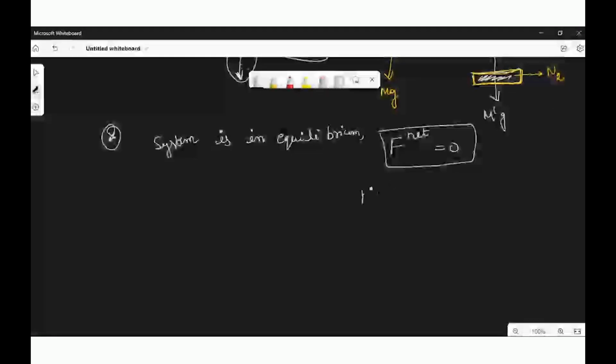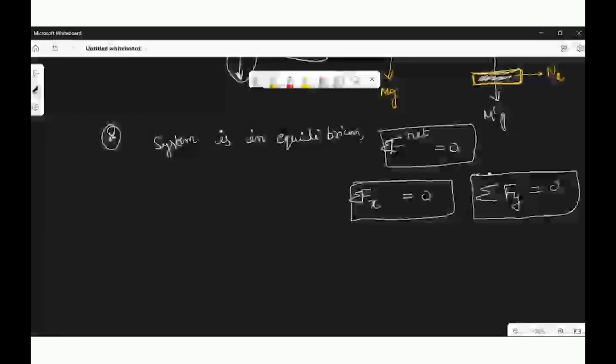The net force along the x direction should be equal to 0. You add all the forces and make the sum 0. Summation, not just one force. And summation over Fy, the y-directional force, must also sum to 0.